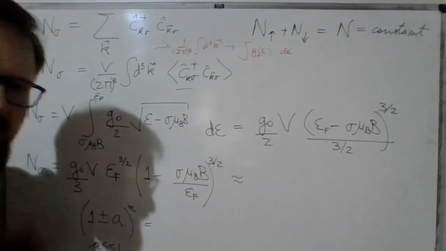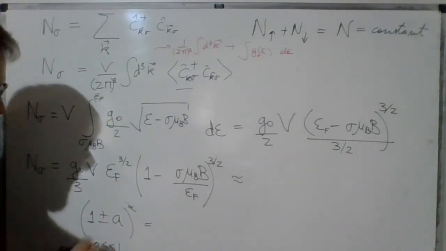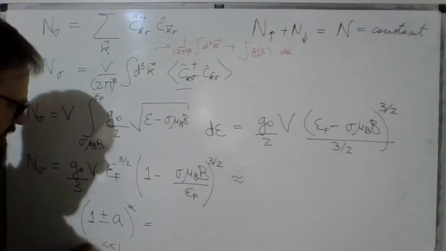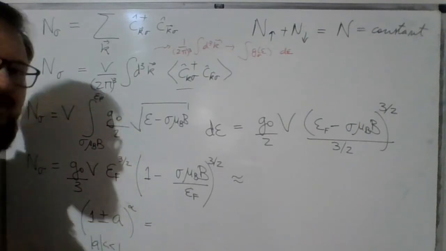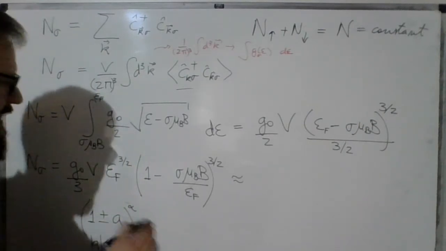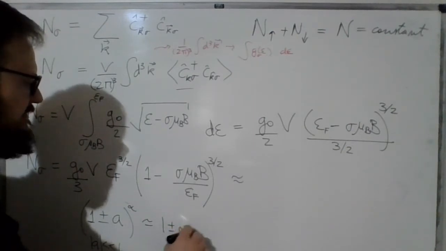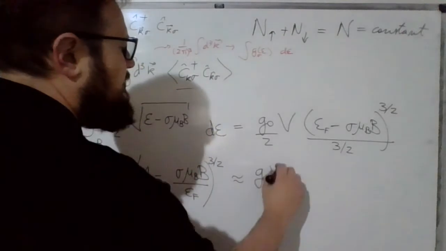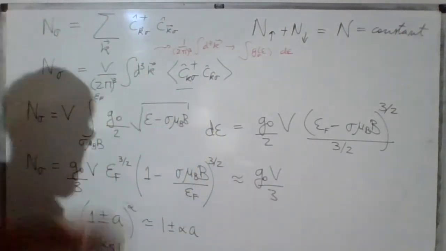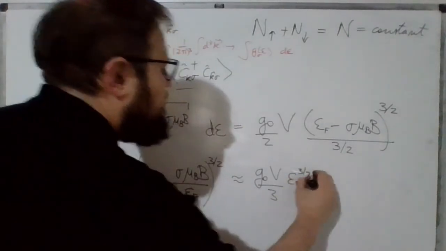Okay, if the modulus of a is much smaller than unity, you can approximate that by 1 plus or minus alpha times A. And this way we have G0 times the volume divided by 3, Fermi level to the 3 halves.